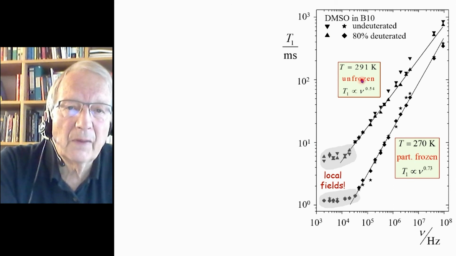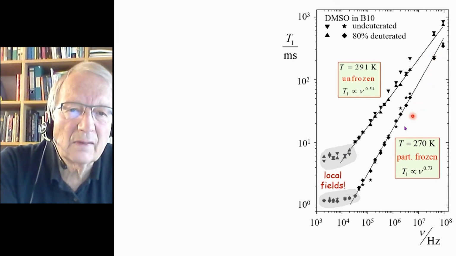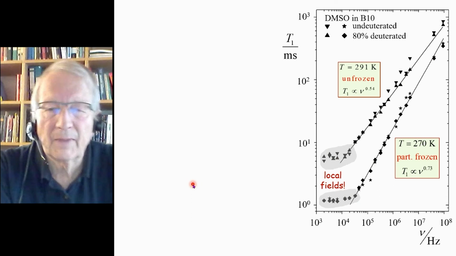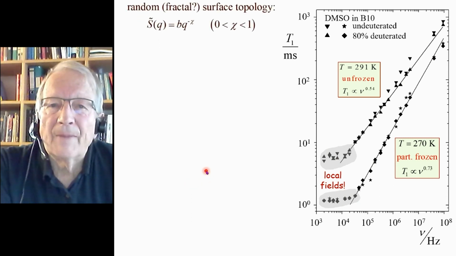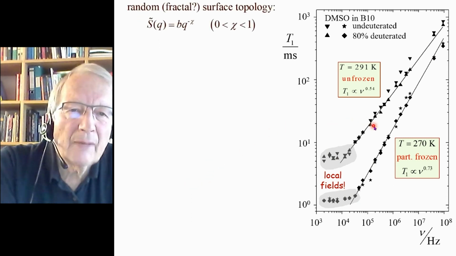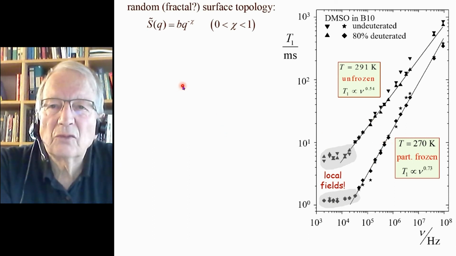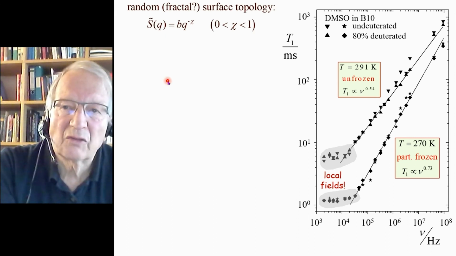And you see, if the adsorbate is unfrozen, we get this power law. If it's frozen, we get this power law. And here we have again the influence of local fields. Now, in order to describe this for the two situations, we need to make some assumption of the surface topology.